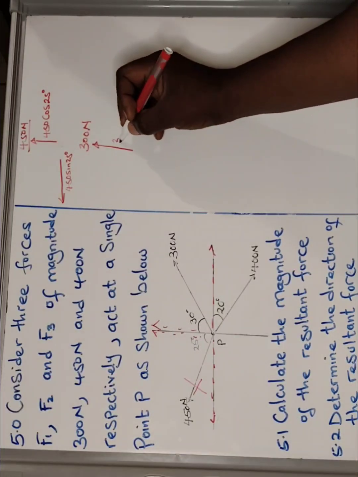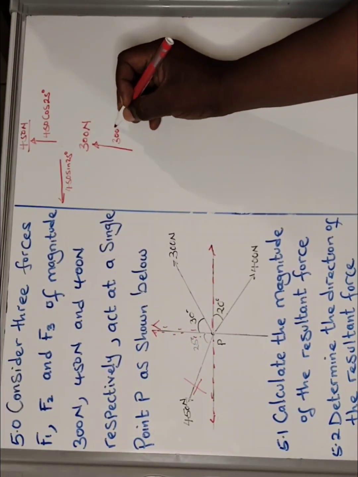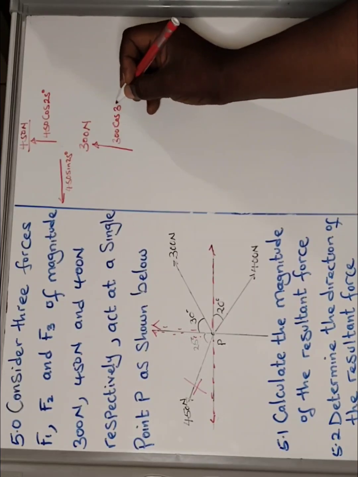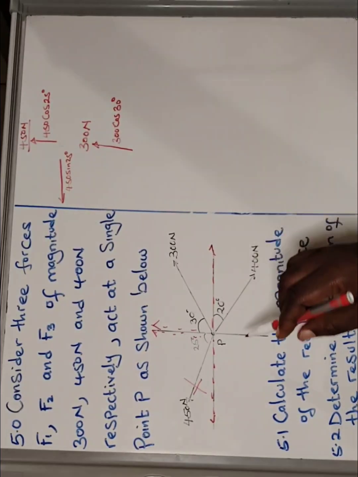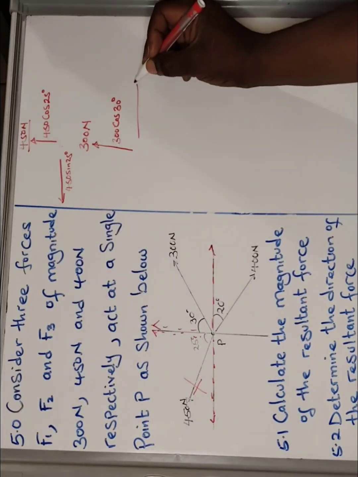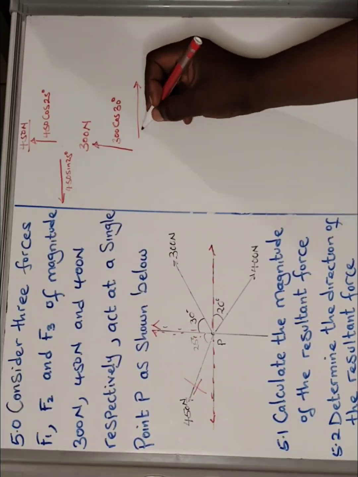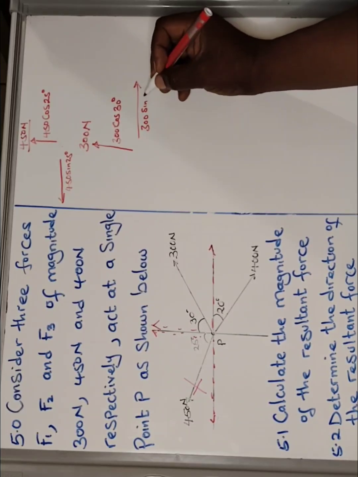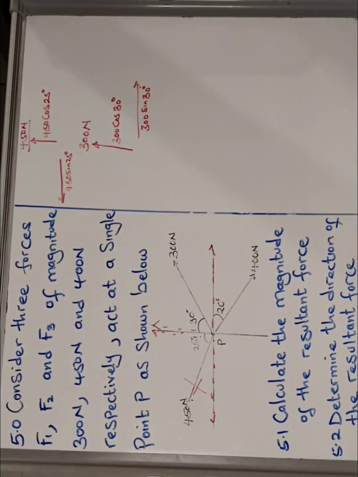So it's going to be 300 cos 30 degrees. And then you have this one here, which is going to be 300 sine 30 degrees.